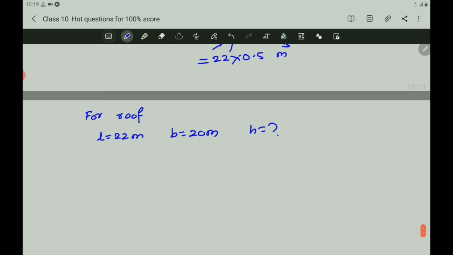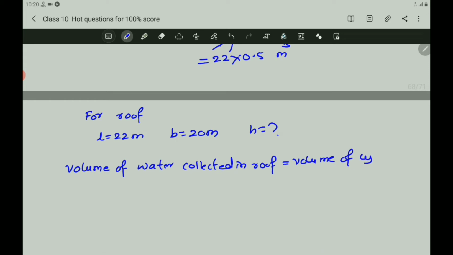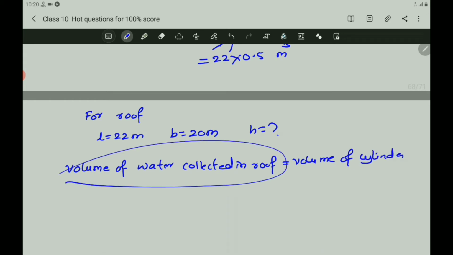Then you write volume of water collected in roof equals volume of cylinder. You know the formula to find the volume of the roof, which is in the cuboidal shape.